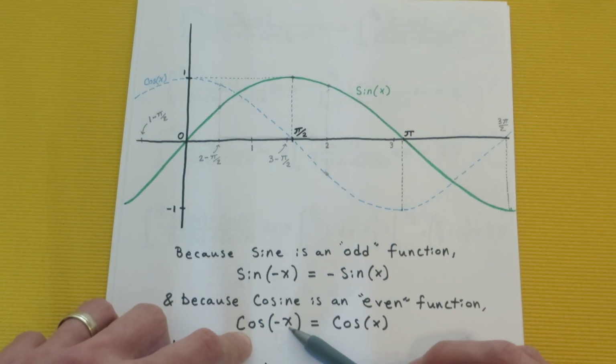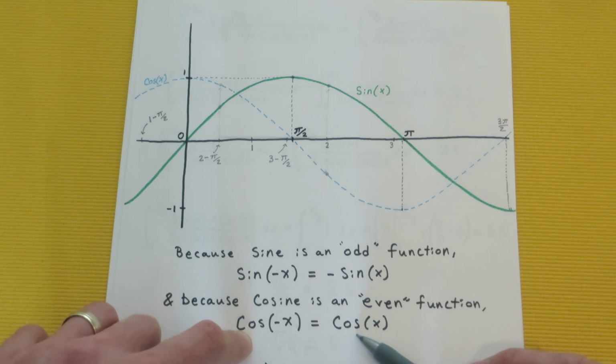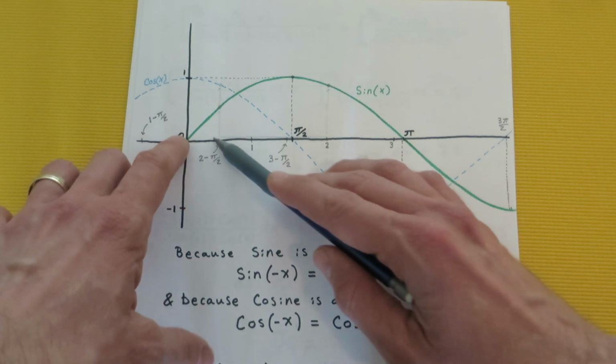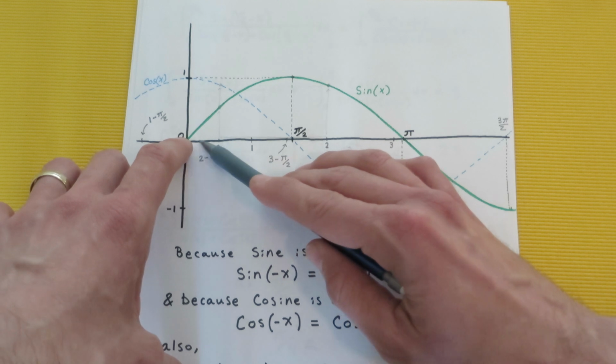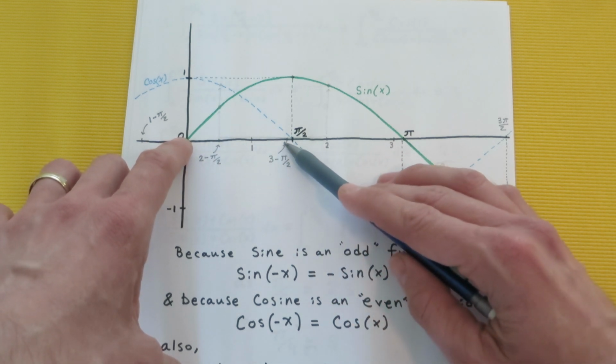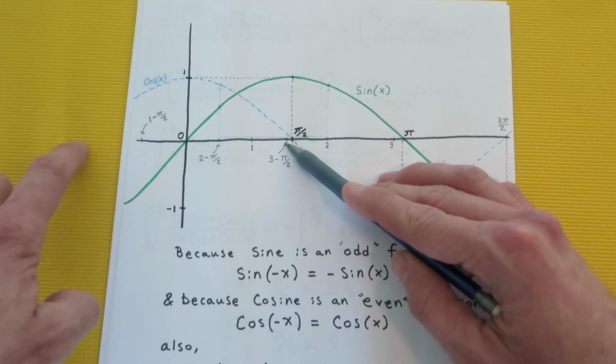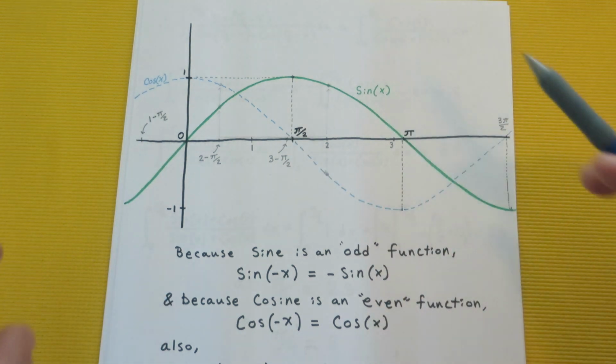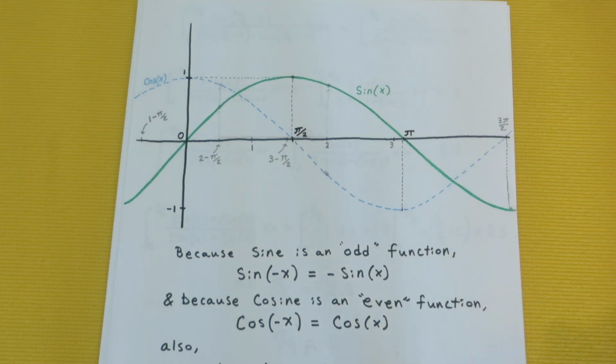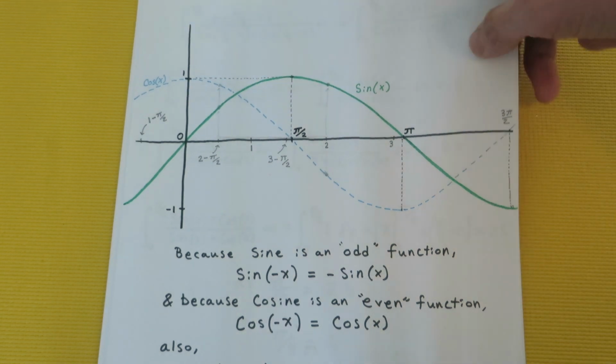So cosine of negative x equals cosine of x. For every cosine output in the positive direction, there is an equal cosine output in the negative direction. Hopefully that makes sense.